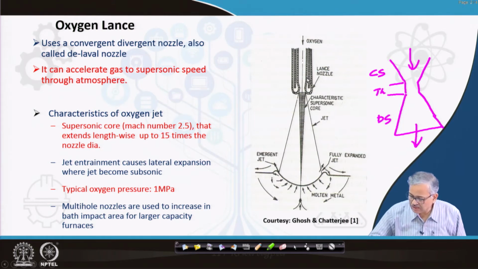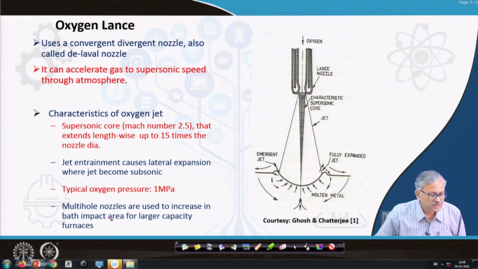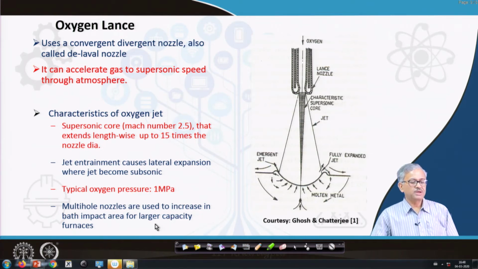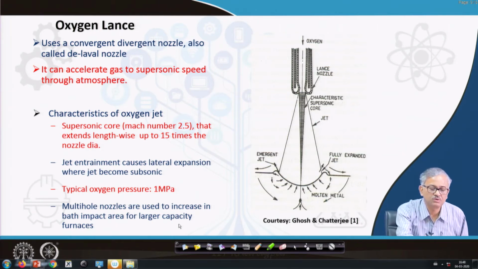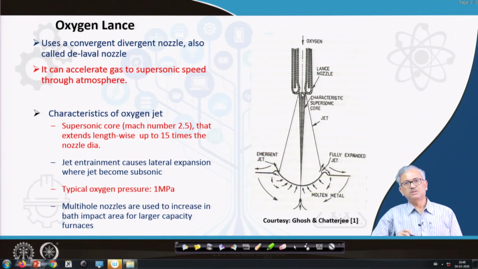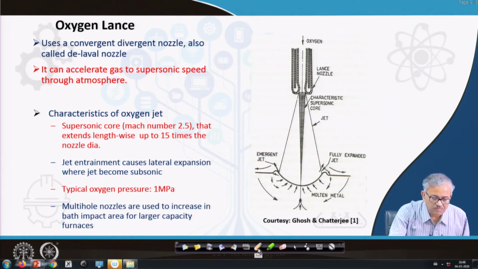And one thing is that we use multi-hole nozzles, right? We use the multi-hole nozzle to increase the bath impact area for a large capacity furnace. For a large capacity furnace, it is not just one nozzle. You use the multi-hole nozzle, and if I draw the plan view of the nozzle, it will look like this.